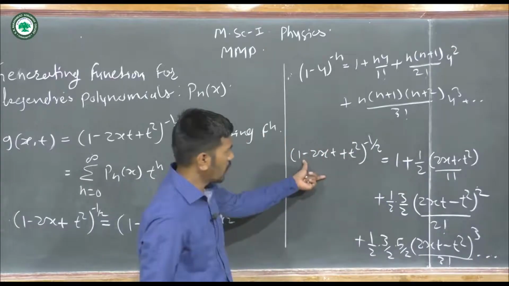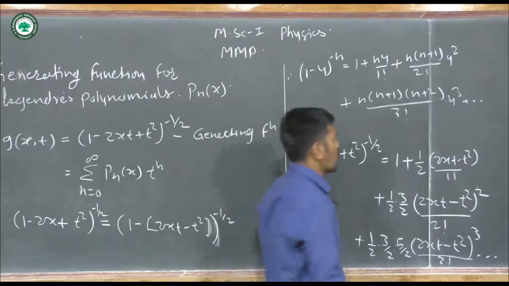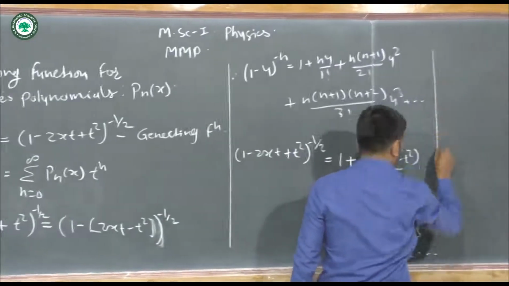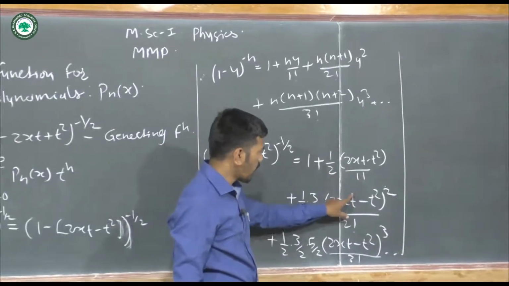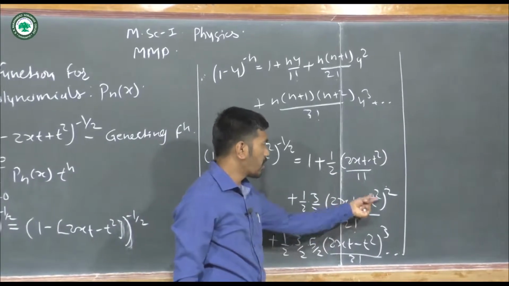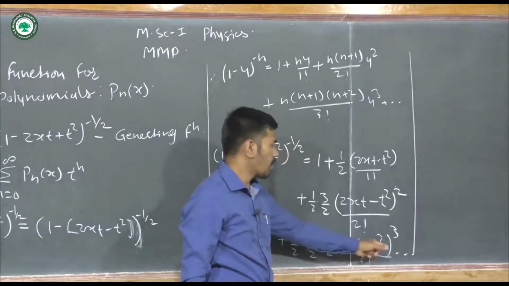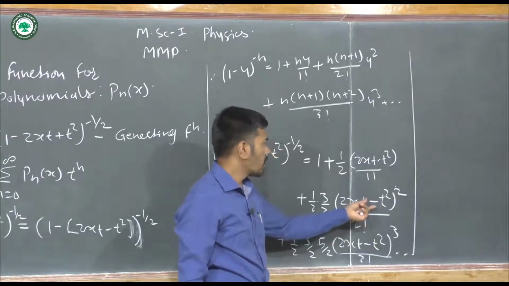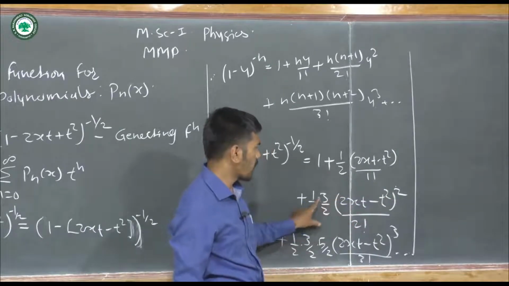We can write these expressions from the binomial expansion. Now we expand the brackets (2xt minus t square) square and (2xt minus t square) cube, using the formula for (a minus b) square.